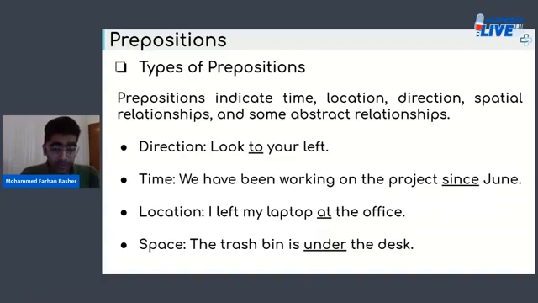Time: to talk about time, we have so many prepositions such as since, for, at, in, on. We have been working on the project since June, meaning the project began in June and it's ongoing and hasn't finished yet.